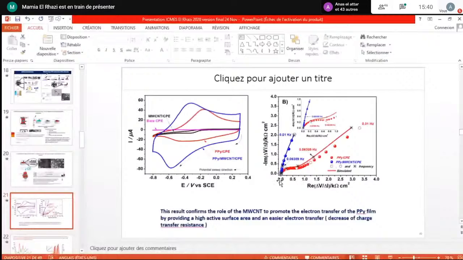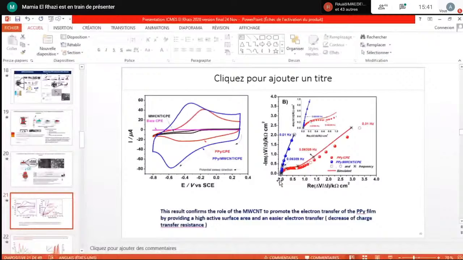So after the characterization of the electrode, and since our main objective is the application of the nanocomposite combined with bismuth particle as sensor material, the modified electrode was applied as sensor for simultaneous detection of trace of lead and cadmium using square wave anodic stripping voltammetry. And here I present the results obtained on different electrodes. Here it's carbon-based electrode. Second one, it's carbon-based electrode modified only with the polymer.